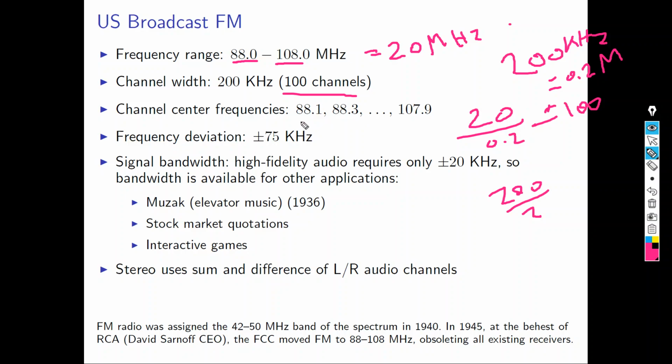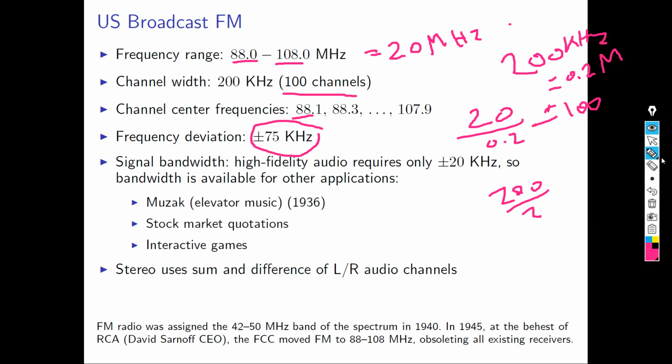For the channel center frequency, you have center frequencies such as 88.1, 88.3, odd numbers. The frequency deviation is around plus or minus 75 kilohertz. And for the signal bandwidth, for example for audio applications, we require plus or minus 20 kilohertz. So there is plenty of bandwidth available for other applications like music, stock market quotations, interactive games, and some other applications as well.